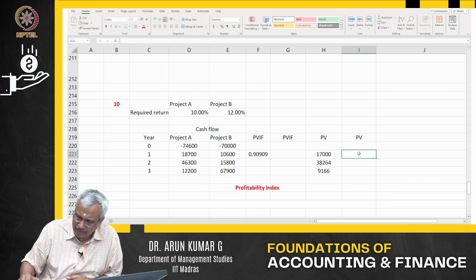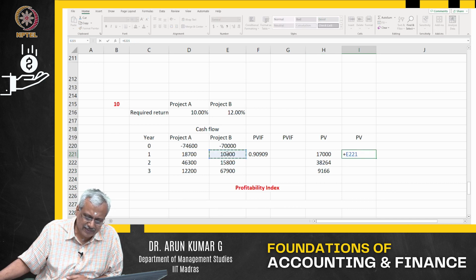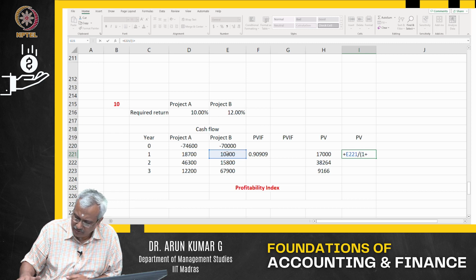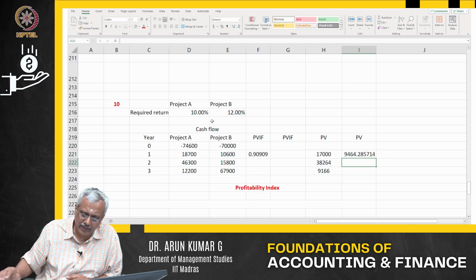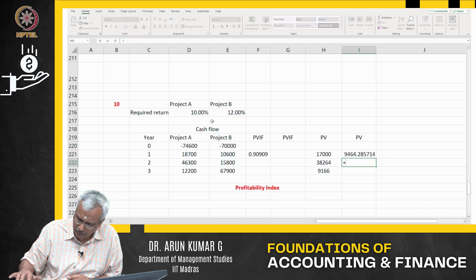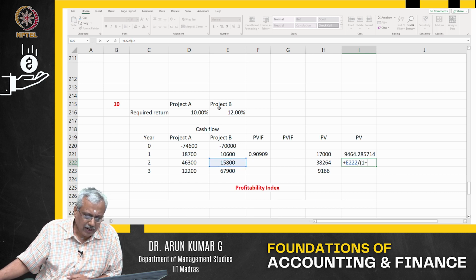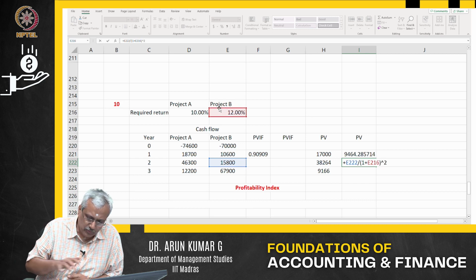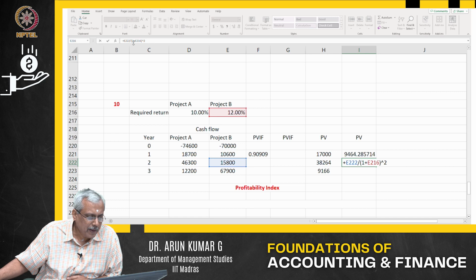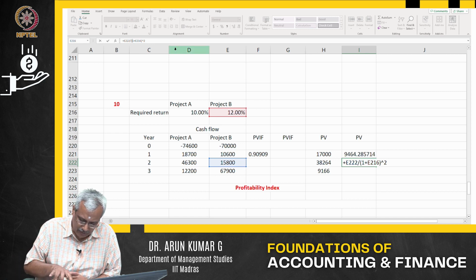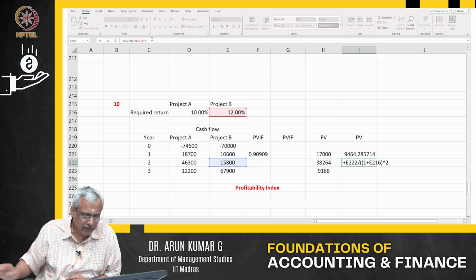I can do the same thing for this project also. This is this divided by 1 plus 12% out there. Yes, I've done this out here, and so on and so forth. In this particular case, this is the one divided by 1 plus 12% to the power of 2 out here. I just have to add one more parenthesis out here.